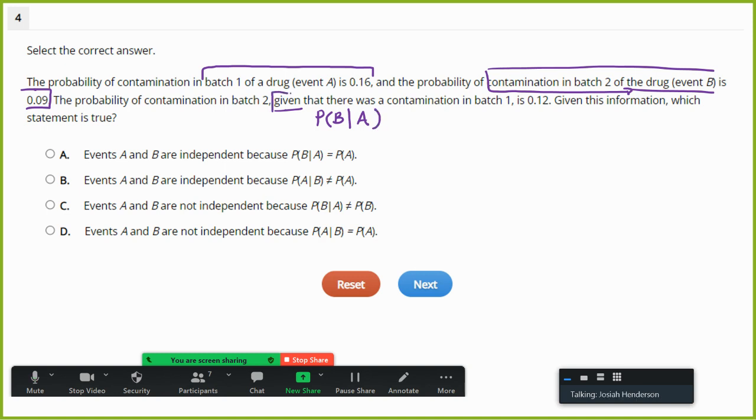See that word, that phrase, given? It's telling us to use this. The order matters here. They said the probability of contamination in batch 2, and batch 2 is the B one, so I wrote B first, given that A happened, batch 1, is 0.12.